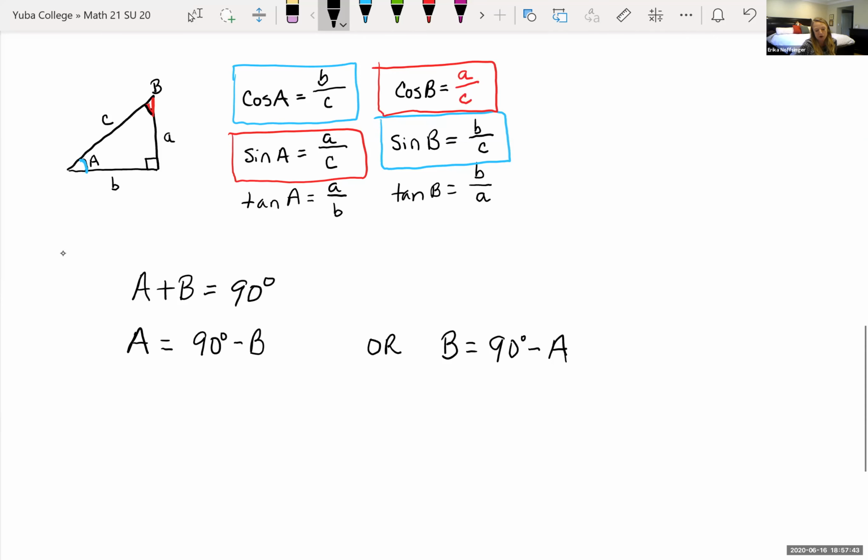Those angles were called what of each other? Complements? Yep, these are complements of one another. Recall, if two angles sum together and give you 90, they're called complementary angles.